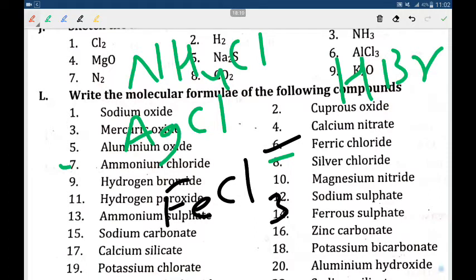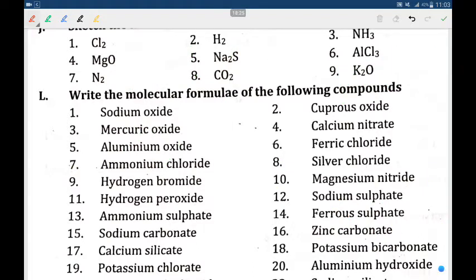Nitride. Magnesium nitride is Mg3N2. Okay. Now students, peroxide, H2O2.